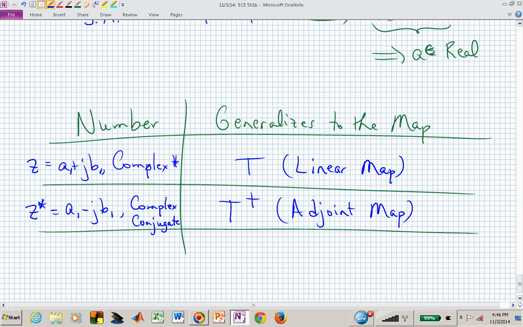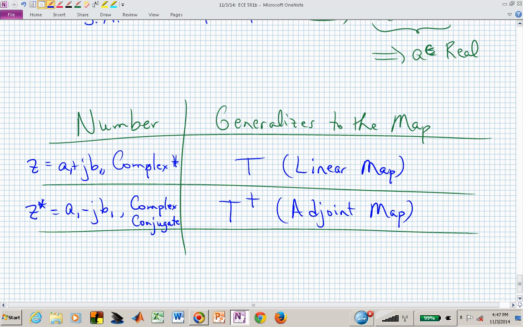Meaning, if you start getting all hung up on these maps and what they mean, just go back to this table and say, well, that's not anything more than the complex conjugate in the simplest case, if somebody starts talking about an adjoint. Or think of this adjoint as what needs to happen in the second slot to essentially make the original map be slid from the first slot to the second slot. And that's what's going to define my adjoint.